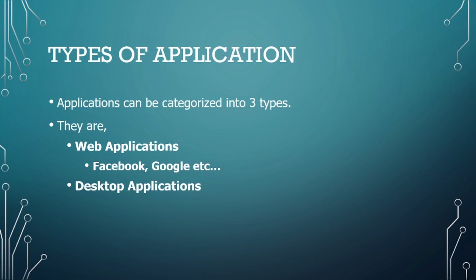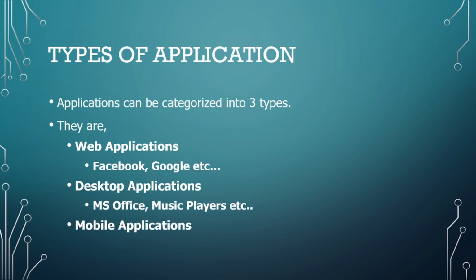These can be accessed on any desktop without internet, for example MS Office, music players, etc. And the third category is mobile applications, which can be used on any Android or iPhone devices.